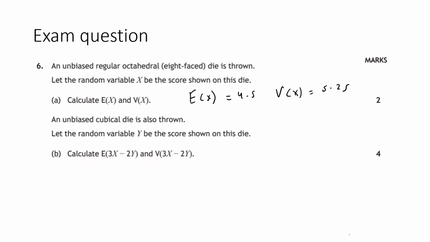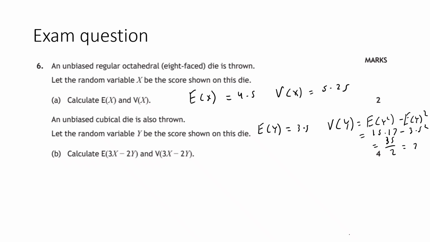So first let's find E of y and V of y. The expected value of y is 3.5. V of y is equal to E of y squared minus E of y all squared, which gives us 15.17 minus 3.5 squared, which gives us 35 over 12, or 2.917.